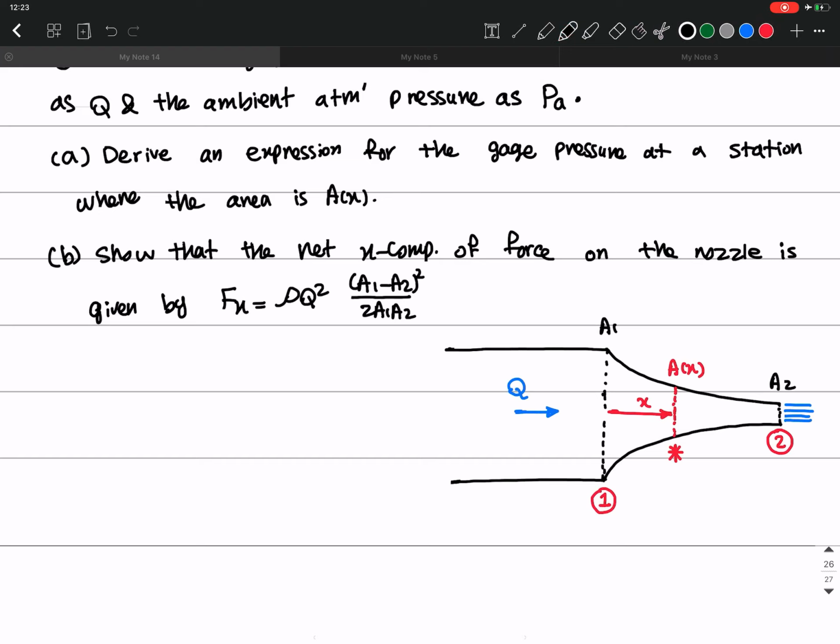So let's get started. First, I'm going to start with A, solution.